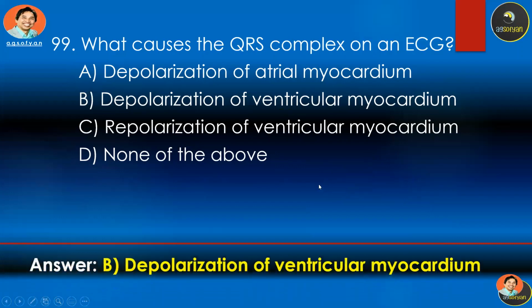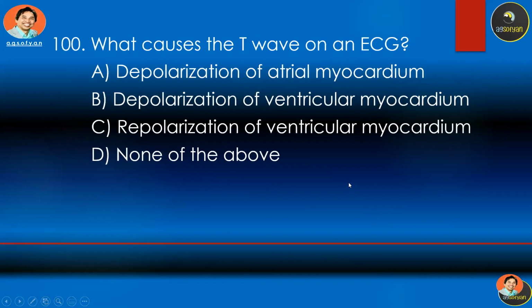What causes the QRS complex on EKG? As already mentioned, this is going to be depolarization of the ventricles. This usually measures the systole over here. So systole is during depolarization of the ventricle muscle. T is repolarization, which is relaxation.